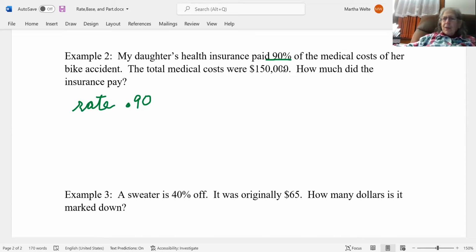So it's 90% of this 150,000, the total medical costs. So the base is 150,000. It must be that the part is what we don't know.